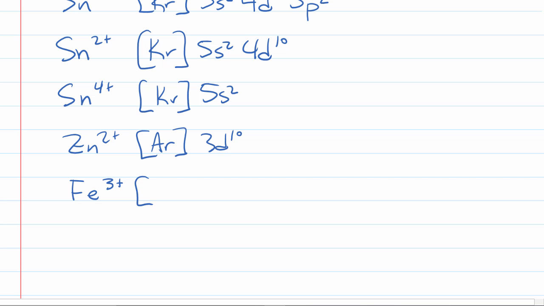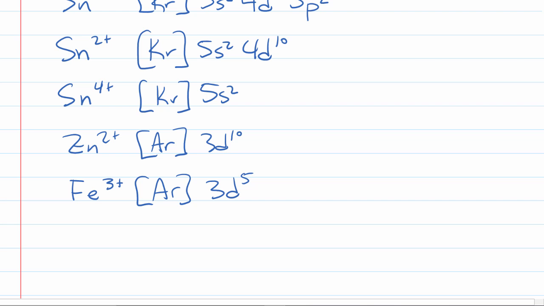And for iron 3, it's argon followed by 3d, probably not 5, or is it 5? 1, 2, 3, 4, 5, 6, it would be 3d5. Why is Sn4 plus 5s2?